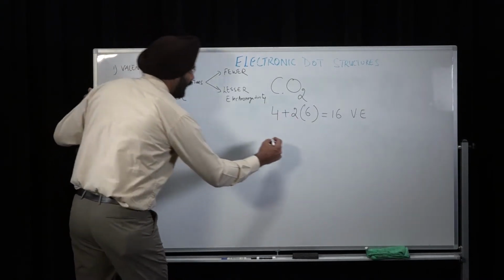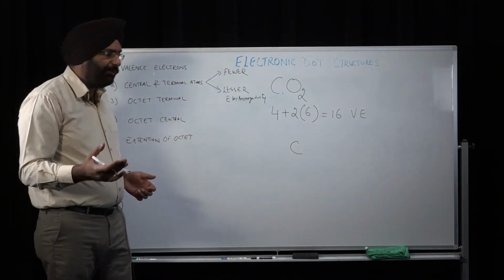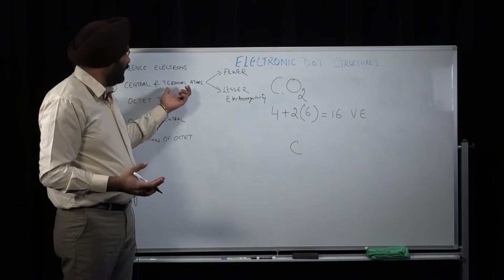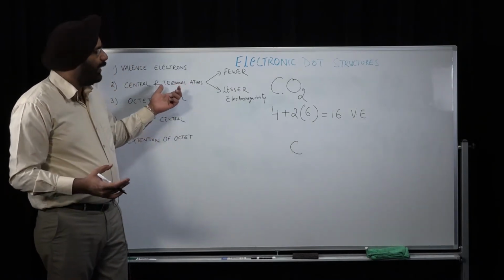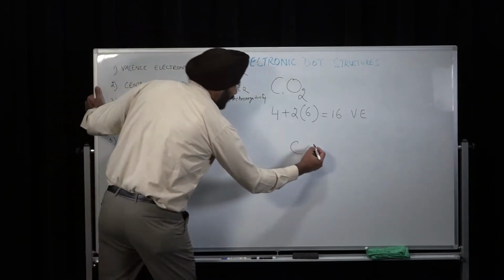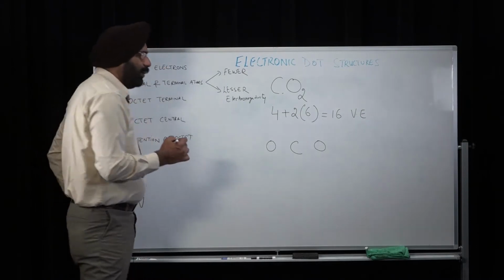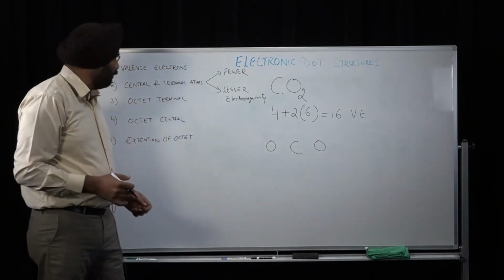So carbon is the central atom. Once we have identified the central atom, it becomes very easy to identify the terminal atoms. The rest of the atoms are the terminal atoms, and you write them in a way that they surround the central atom.